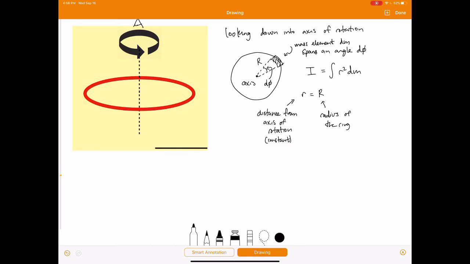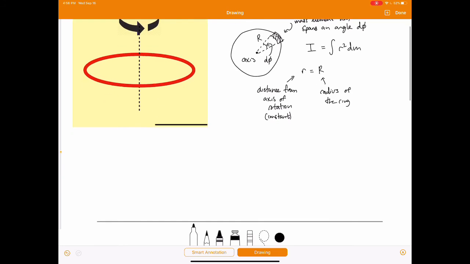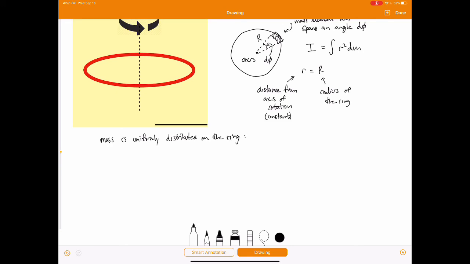Okay, so next, what about dm? How do I express how much mass is contained in that little slice? Well, just like before, the mass is uniformly distributed on the ring. Okay, and so what that means is the mass element divided by the total mass is equal to the angle element divided by the total angle.